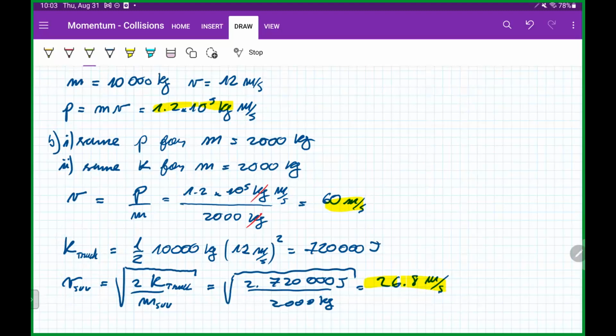So we're using the same kinetic energy here, right? And we're getting the velocity of the SUV, which is 26.8 meters per second, in order to satisfy those conditions. Any questions about this?